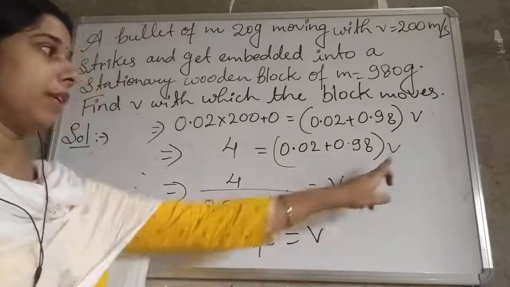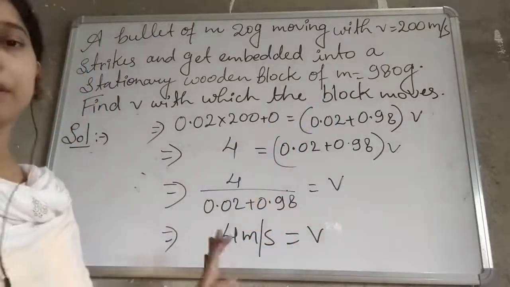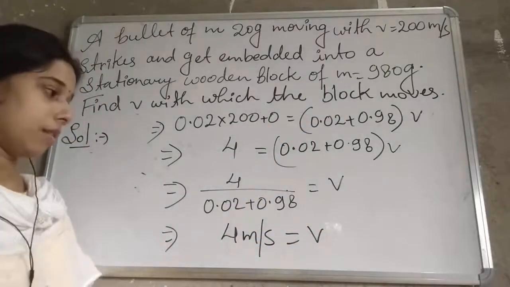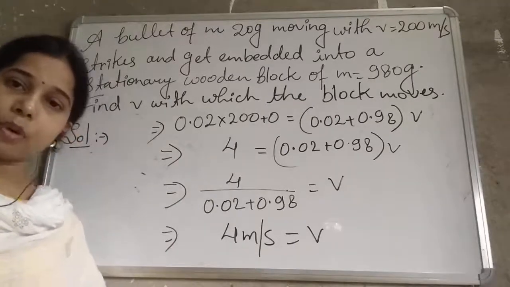So by taking V common and putting in the values, we find the answer for the final velocity.